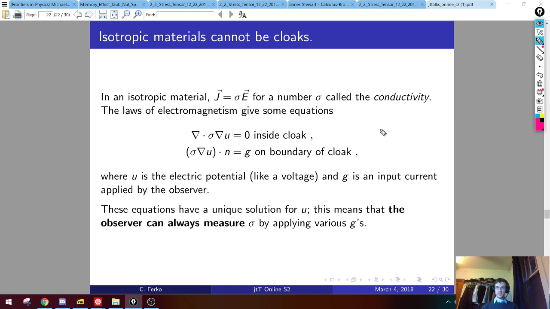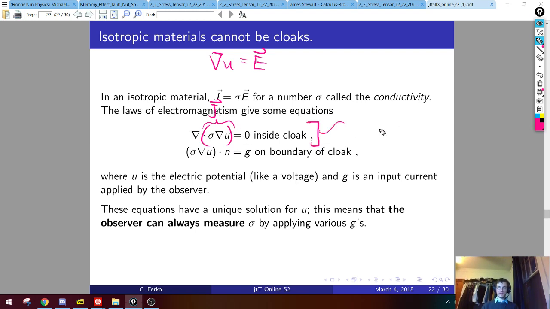I'll just try to tell you in words what they mean. This first equation, this upside down arrow times U is the electric field, roughly. So here this is sigma times the electric field, but we know that sigma times the electric field is the current J. So this top equation is telling you that upside down arrow dotted with J is 0.